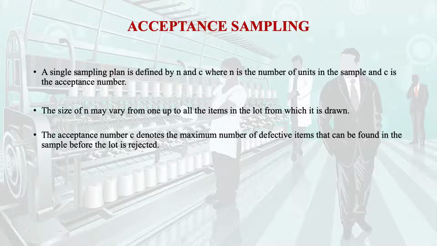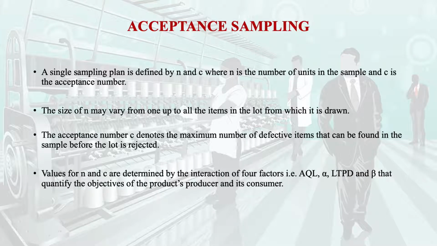The size of n may vary from 1 to all the items. That means if the number of items is 10,000, n may be 1 or n may be 10,000. The acceptance number C denotes the maximum number of defective items that can be found in the sample before the lot is rejected.